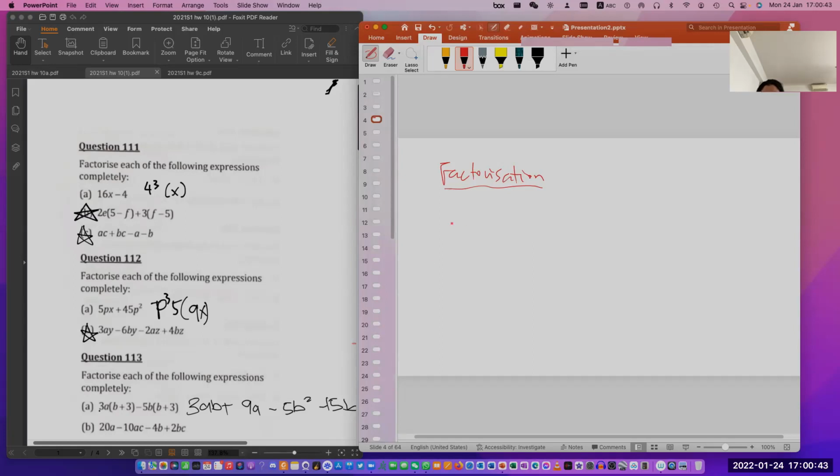Okay, so number one, I want you to understand what is an expression versus an equation. Okay, so can you give me an example of an expression and an example of an equation? Do you have any idea?